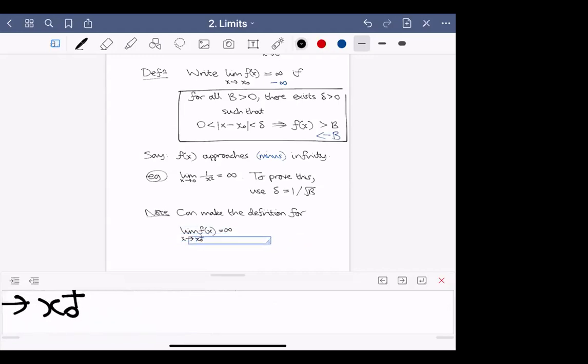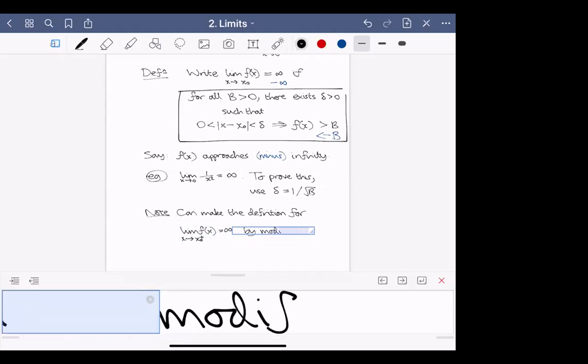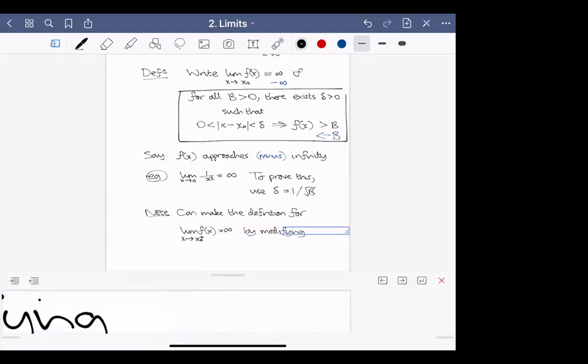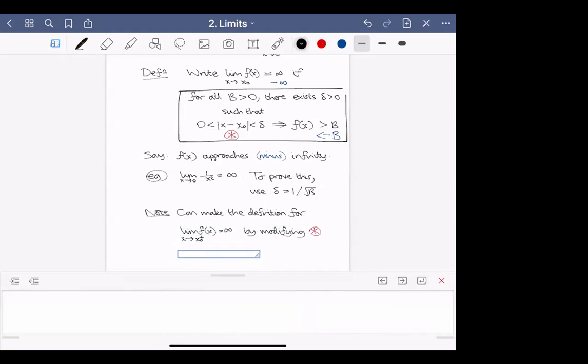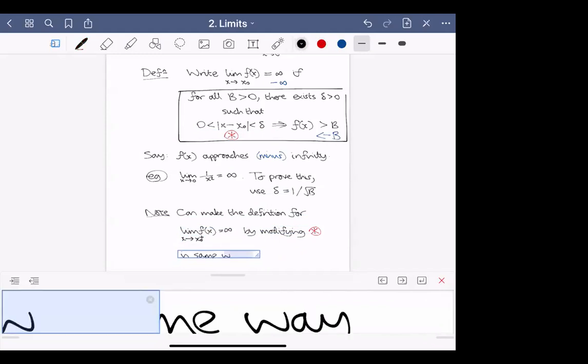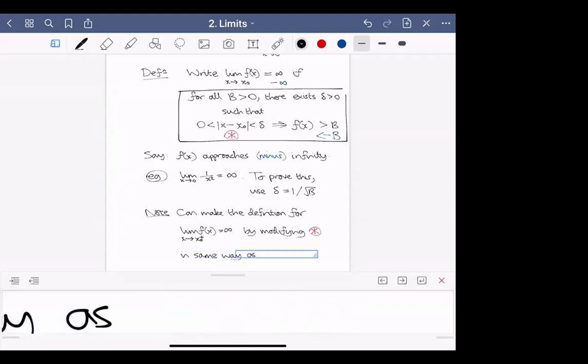So this is x goes to x0 from the right. And we do this by modifying this bit here in the same way as before. So we just have the same inequality there as we did for the other one-sided limits.